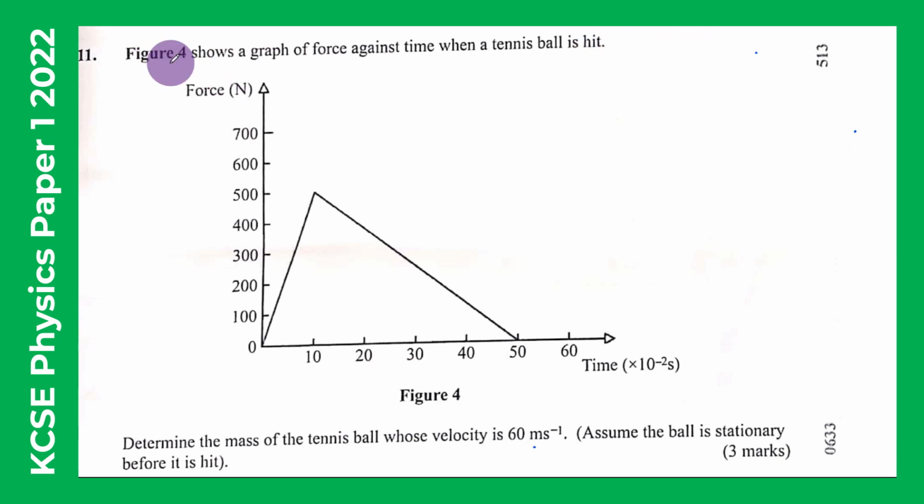So let's look at this question. We are told that figure 4 shows a graph of force against time when a tennis ball is hit. This one here. Determine the mass of the tennis ball whose velocity is 60 meters per second, assuming the ball is stationary before it is hit. So let's see.